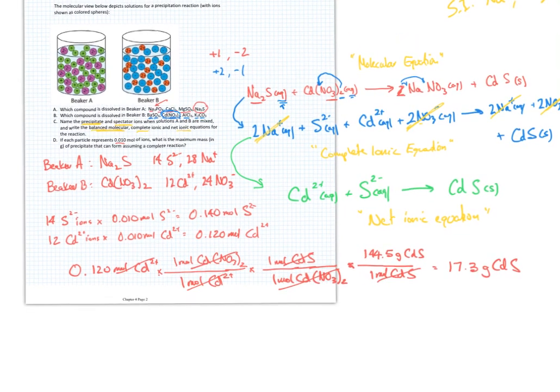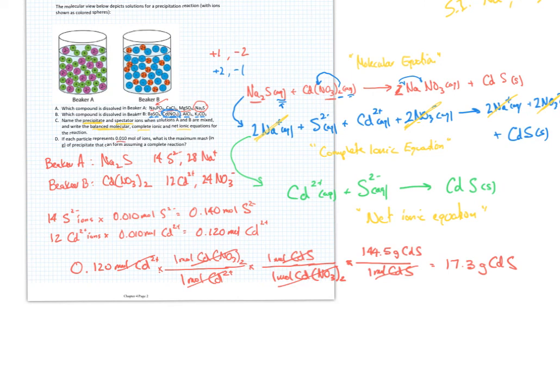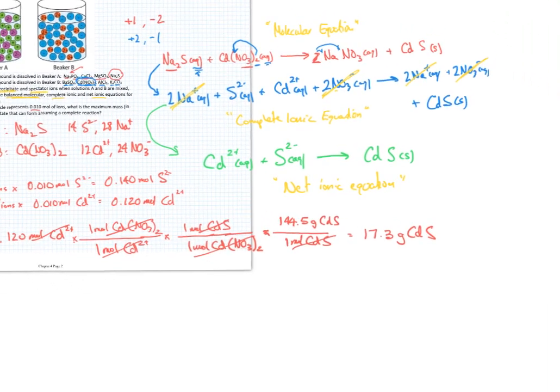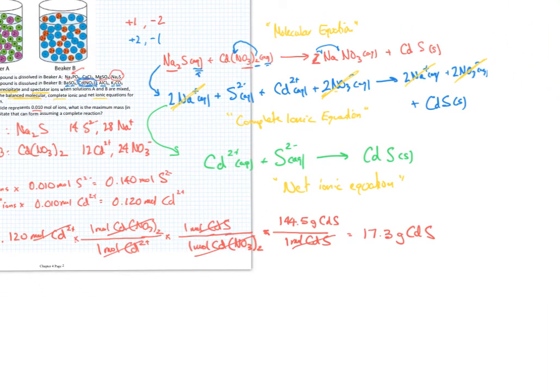A quick look back at the problem to make sure we have the right number of sig figs, and we see this one only has 2 significant figures, so my answer should only have 2 significant figures. So I am going to change this to 17 grams cadmium sulfide as my theoretical yield, the maximum amount that I can form.